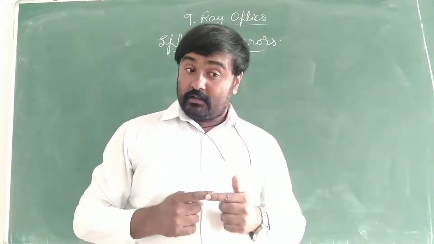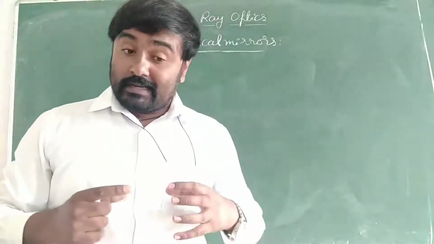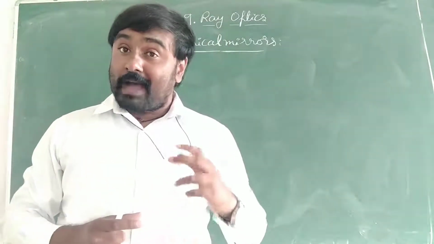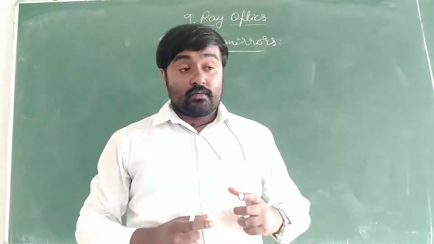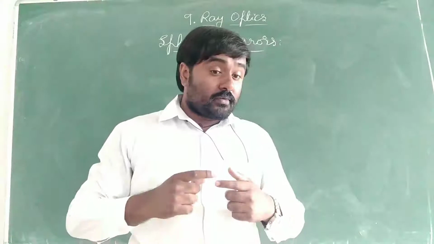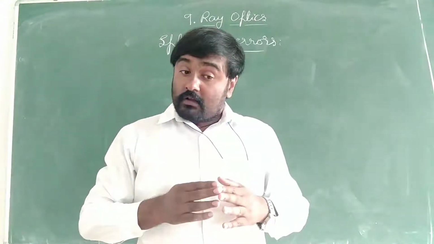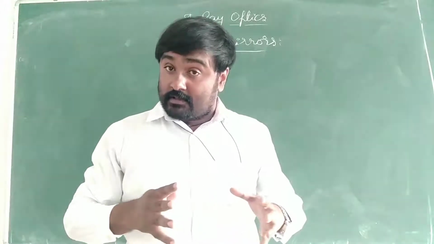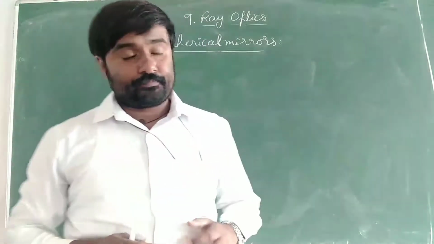Concave mirror is also called the converging mirror because it converges the parallel beam of light. Convex mirror is also called the diverging mirror because the convex mirror diverges the parallel beam of light.